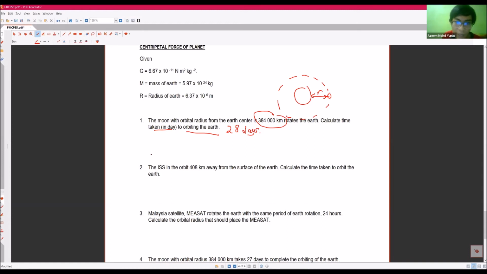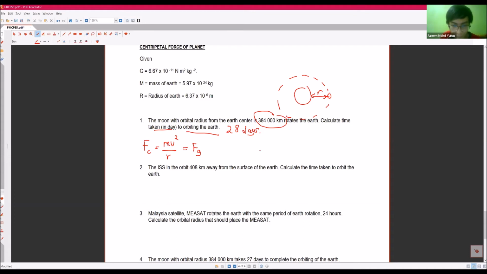First, we have to calculate the velocity of the moon. So Fc equals mv squared over r. But how are we going to find the v squared? We know that the Fc, the centripetal force here, is also equal to the Fg, the gravitational force.